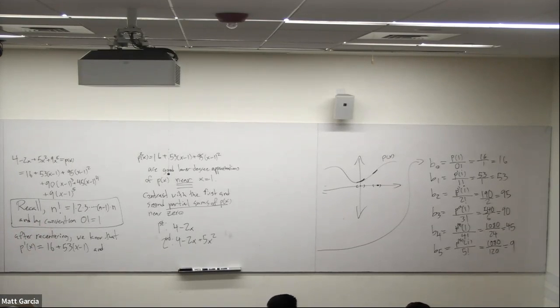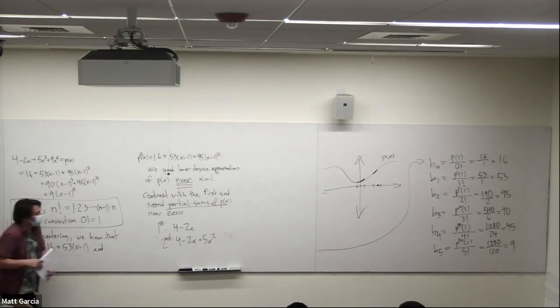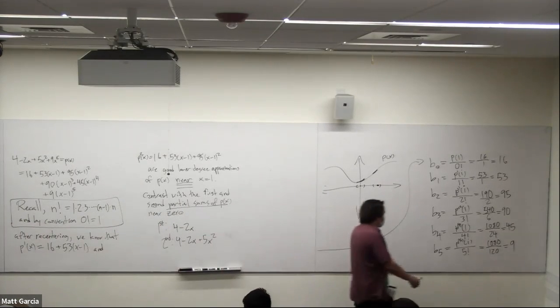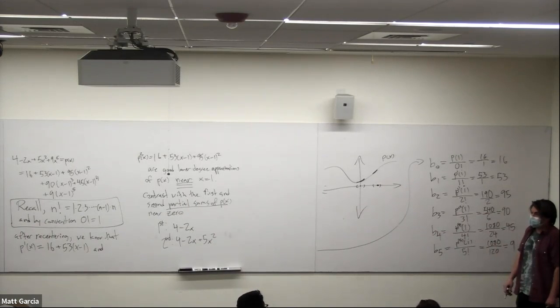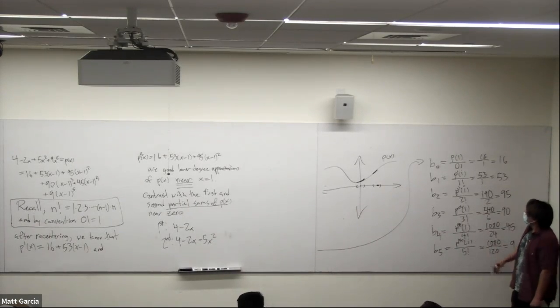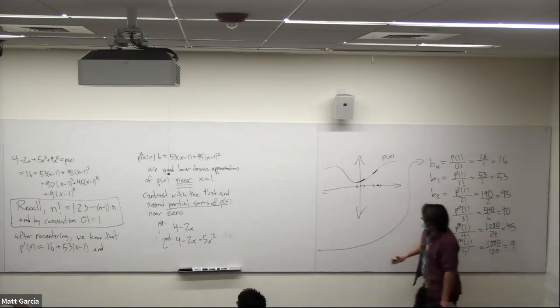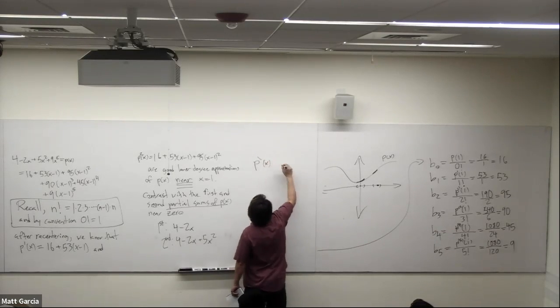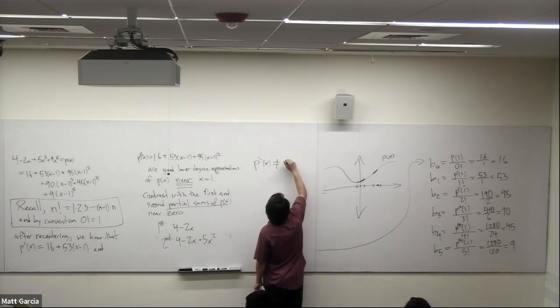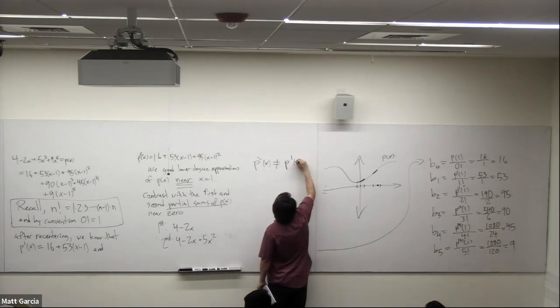Little question. Is the notation for the first partial sum the same as the notation for the first derivative? No. Note carefully, there are parentheses around the superscript when you take the derivative. For the first derivative, there's no parentheses. So p prime of x is not equal to p1 of x.